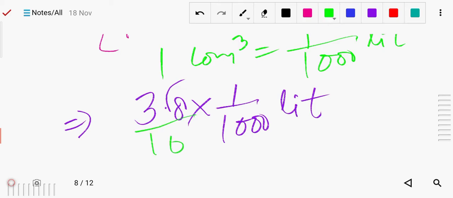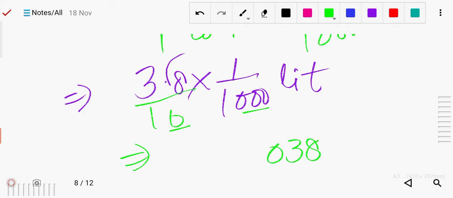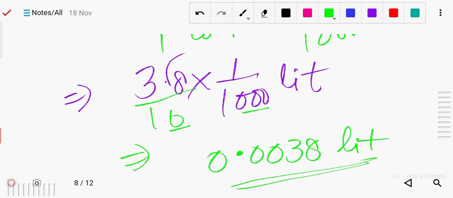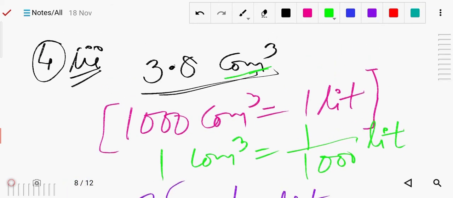Now there are a total of 4 zeros. So write 3, 8 first, then put the decimal and zeros, and this is your liter. So this is your answer, 0.0038 liter, because here it was given in cubic centimeters.